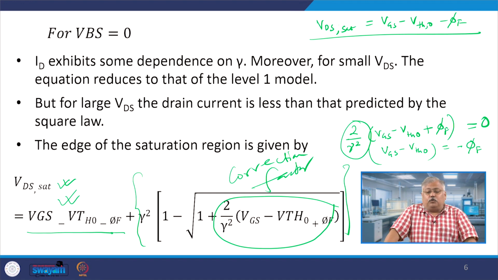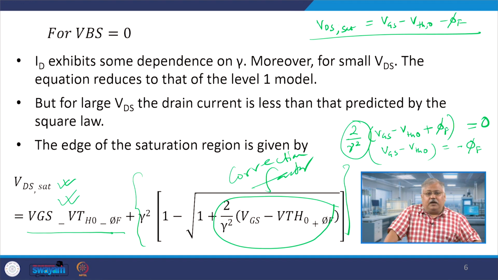Which means that VGS minus VTH 0 is what? It is the overdrive voltage with 0 base to source voltage. When VBS equals 0, at that point the threshold voltage available is given as VTH 0. So, VGS minus VTH 0 is basically the overdrive voltage. If that happens to be equal to the negative of this phi f value, which is the potential available to us, then we end up with the same equation as we know from the level 1 analytical model.